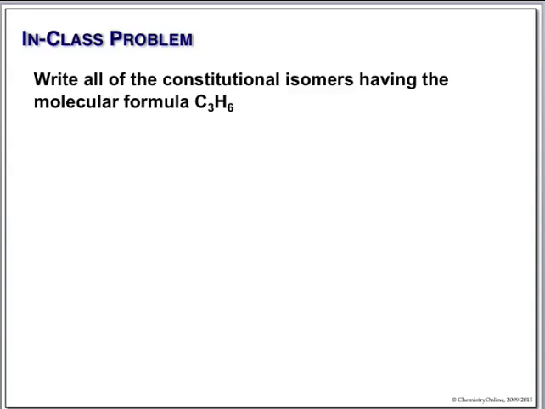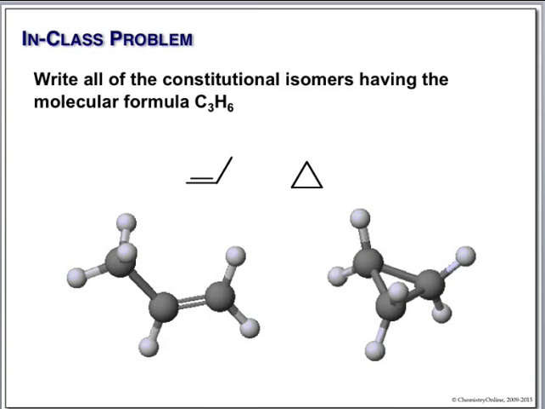Now you need to remember that carbon can form single bonds, it can form rings, and it can form double and triple bonds. So our isomers can be any combination of those. The only ways that you can do C3H6 turn out to be these 2 compounds.